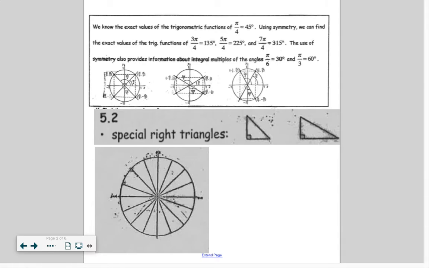Over here, we have a 30, 60, 90, the first version of it. These are forms of 30 degrees, so when 30 degrees is part of that angle in the center. This angle in here is 30. So using reflection, this angle right here is 30.